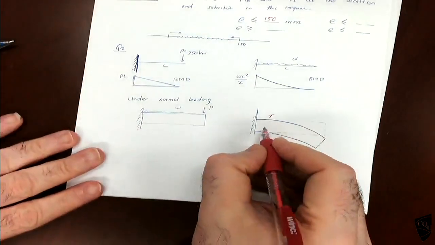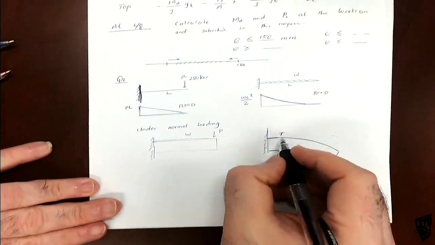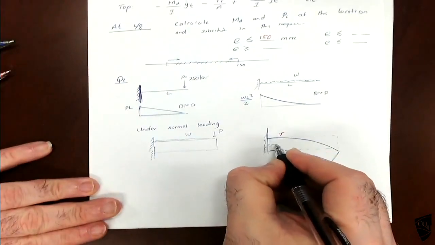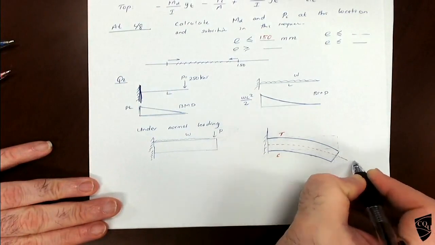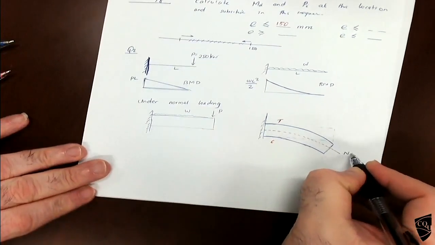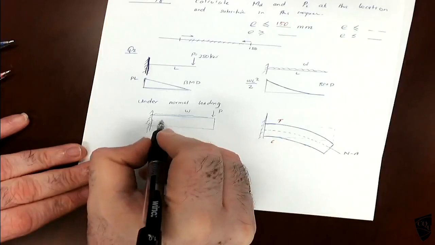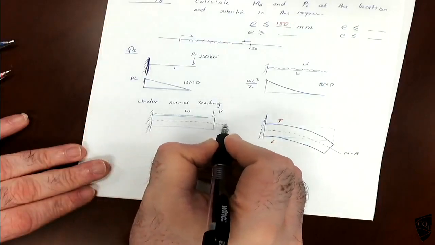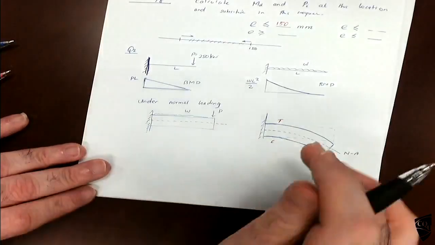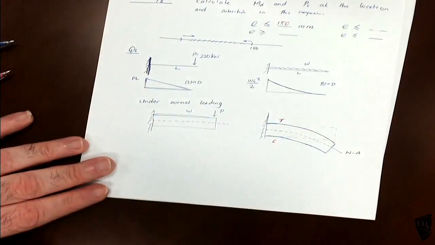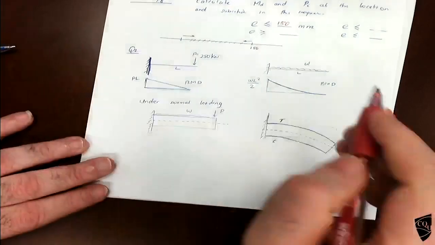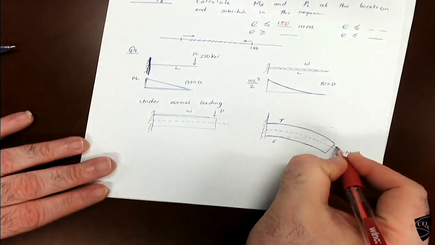So let's say this is the neutral axis. The top part will be under tension.